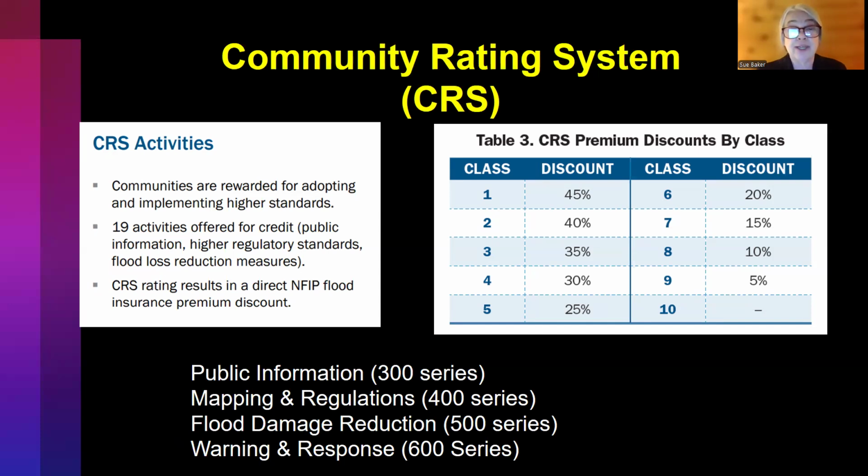So any community that participates in the NFIP is automatically a class 10. Every 500 points that a community accumulates for these various activities can up the discount. So a class 9 is 5% discount, 8 is 10, and it goes on through that.